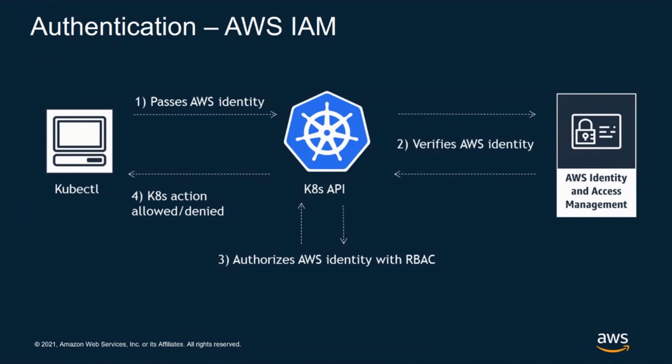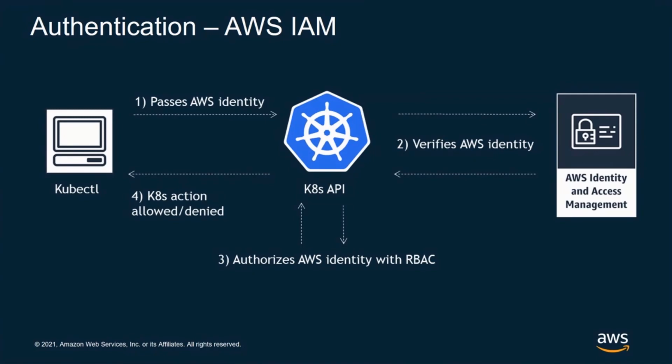To grant additional AWS users or roles the ability to interact with your cluster, you must edit the aws-auth config map within Kubernetes. The Kubernetes API integrates with the AWS IAM Authenticator for Kubernetes using the token authentication webhook, which is a Kubernetes feature.